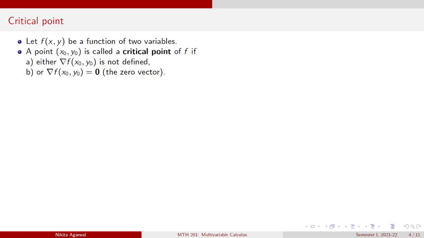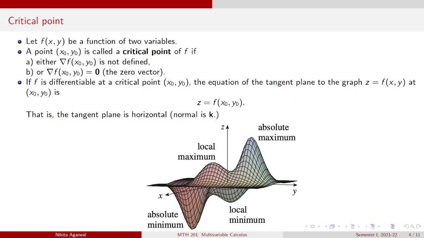Okay. So if f is differentiable at this point, then what is the equation of the tangent plane to the graph of the function at this point? It's nothing but z equal to f(x0, y0), because the other two terms, corresponding to the partial with respect to x at the point (x0, y0) and the partial with respect to y at the point (x0, y0), are both 0, right?